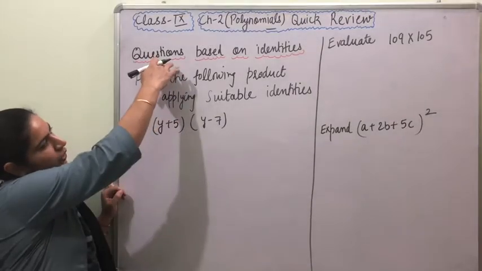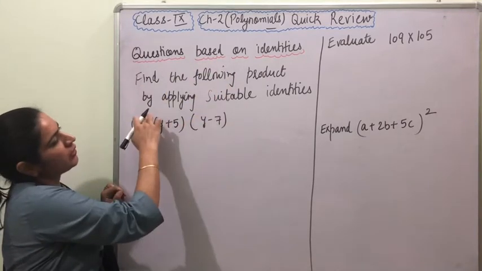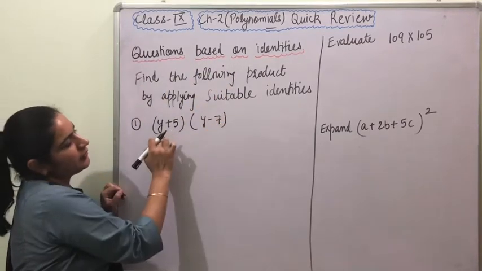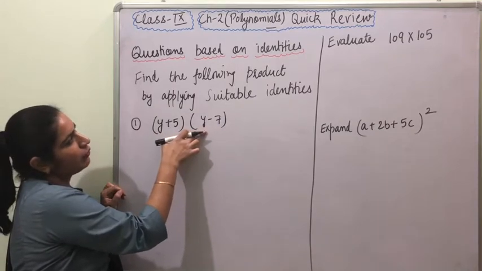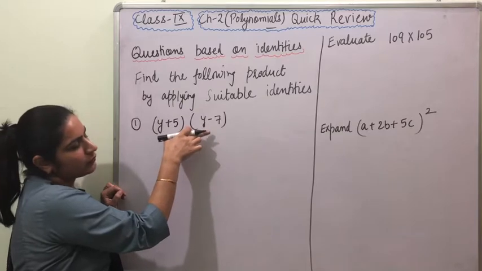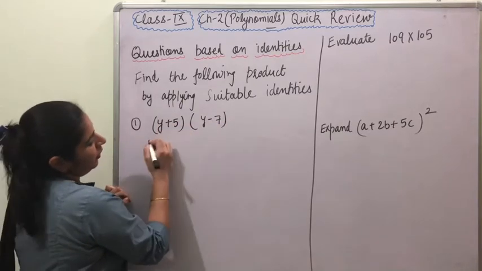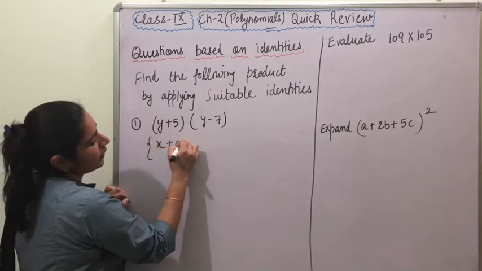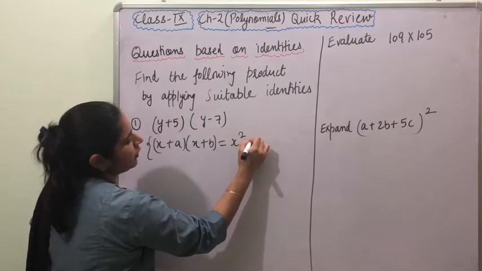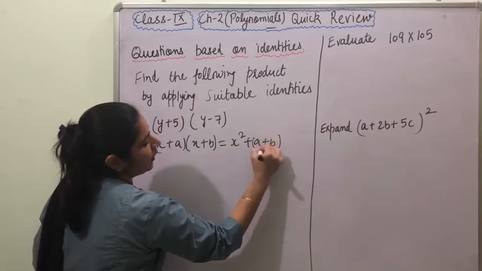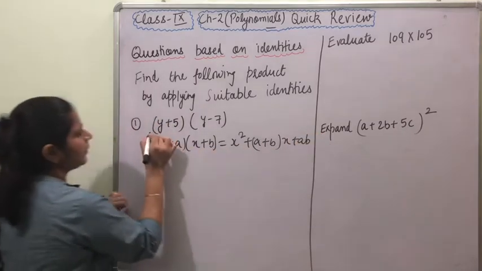Here we are doing questions based on identities. First: find the following product by applying suitable identities. (y + 5) into (y − 7). We have to find the product of these two terms applying the identities. If we compare with the fourth identity, (x + a) into (x + b) is equal to x square plus (a + b) into x plus ab, we are applying the fourth identity here.